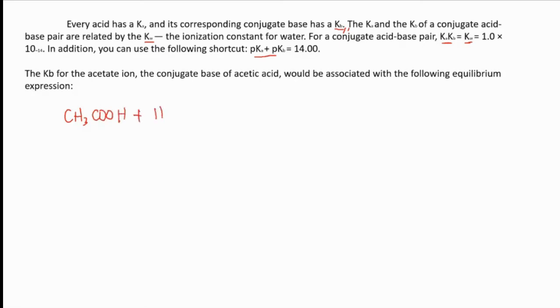CH3COOH plus water gives H3O plus and the acetate ion.